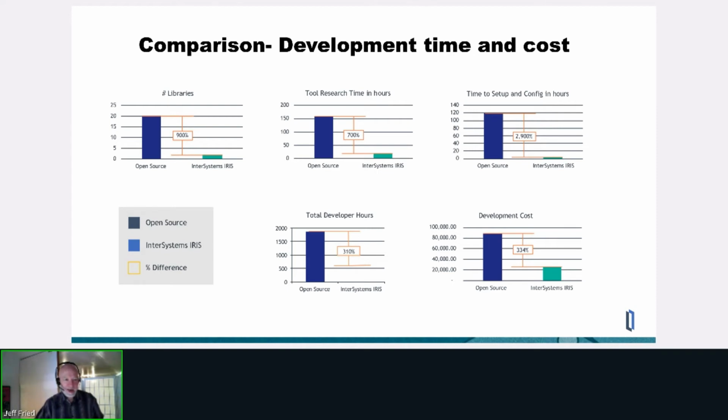There's about 9 times more associated libraries, drivers, helper classes, etc., and about 7 times more time spent researching how to do things. The configuration is much more complex, and the total cost in most software applications is mostly about people time, not license cost.